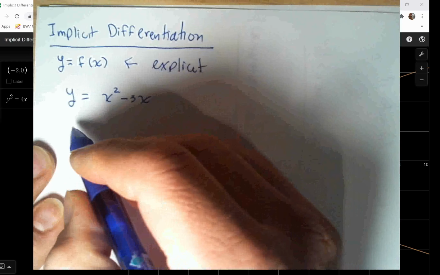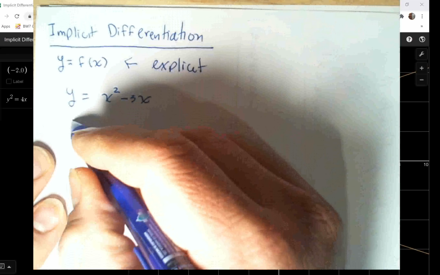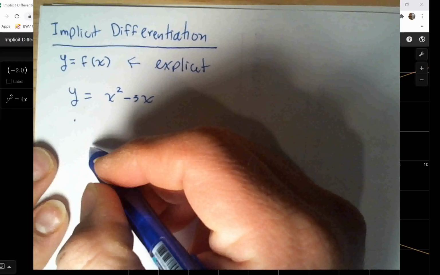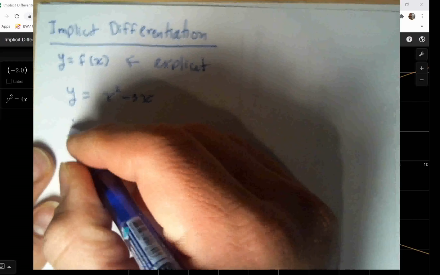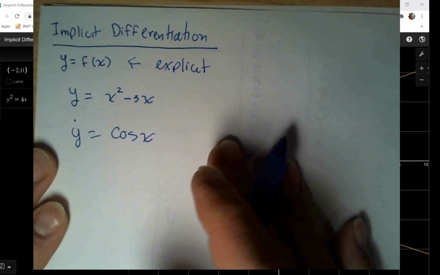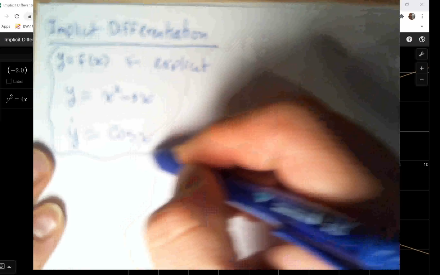Okay, so those are examples. Even our trig functions are all examples of explicit functions.